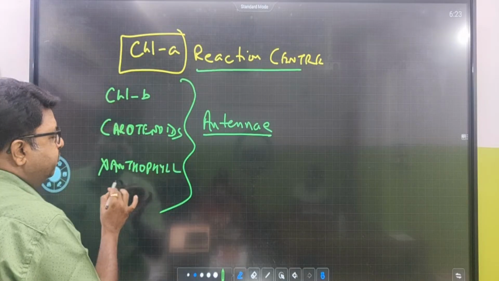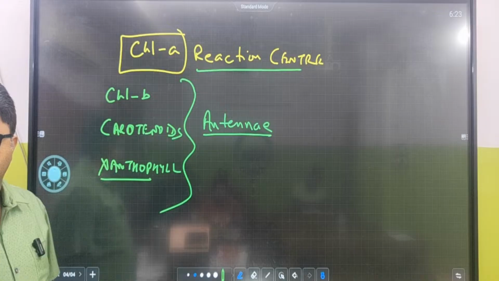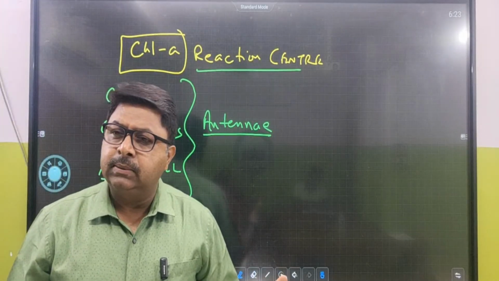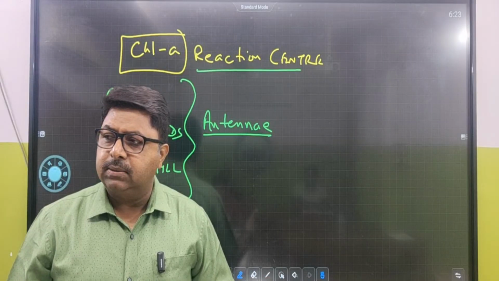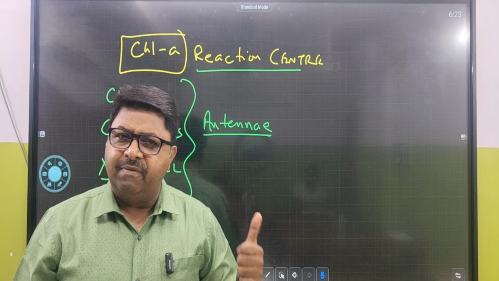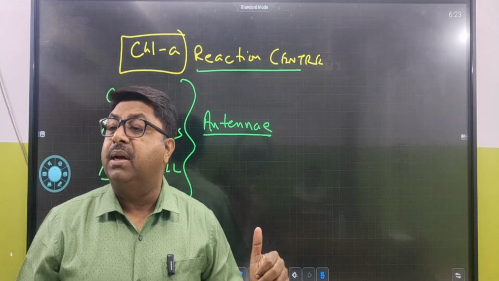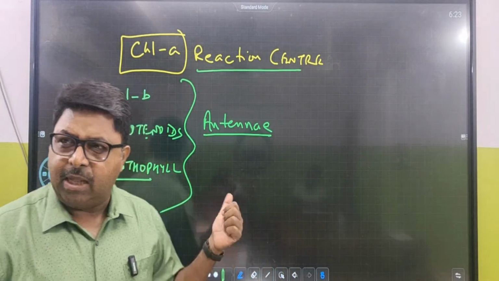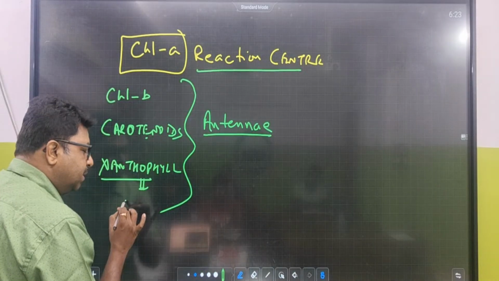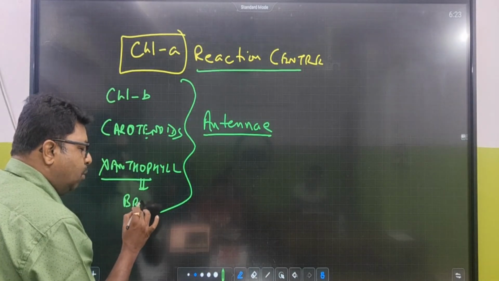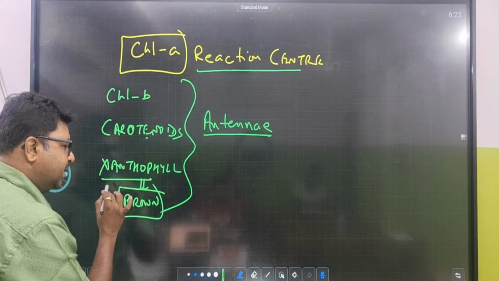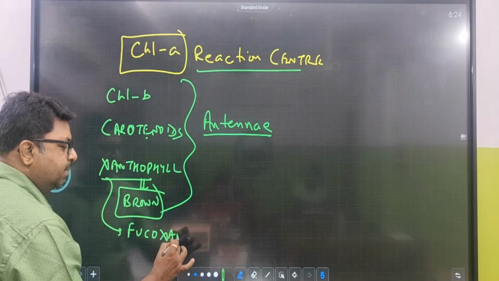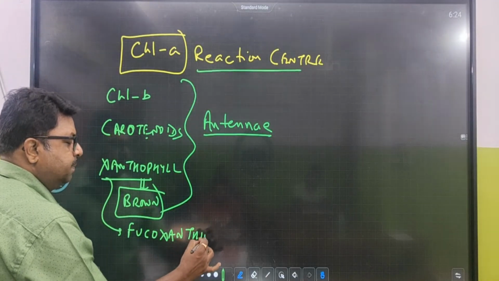Last day in the class we talked about the pigment's color. Among carotenoids, we know beta carotene present inside carrot, and its color is red to orange. When we talk about xanthophylls, the color becomes yellow, and some of them can also be brownish. One of the xanthophylls that we studied in the plant kingdom under brown algae is fucoxanthin.